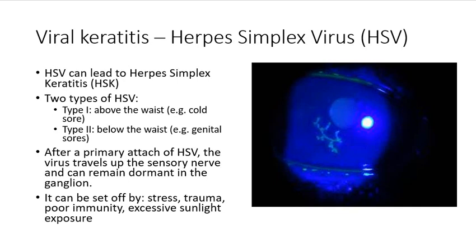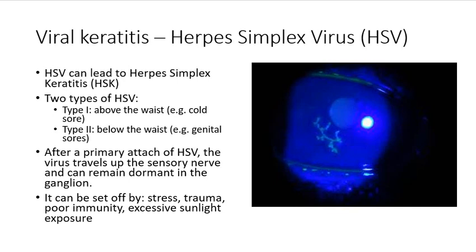So a patient will present with mild or moderate discomfort of the eye if it actually gets into the eye, and they will experience redness, photophobia, watering and blurred vision. And then what you see is that the corneal epithelial cells swell up and a dendritic ulcer can appear.